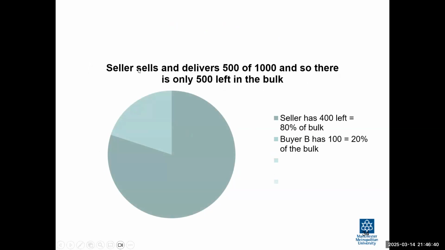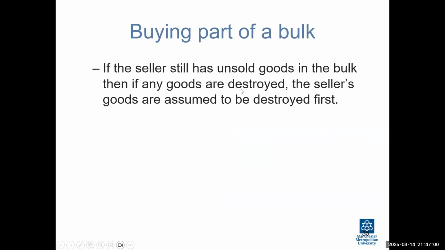So in this case, the seller sells and delivers 500 of the 1,000, so there are only 500 left. What that means is that the seller has 80% of the bulk, which is 400, and the buyer B has 100, which is 20% of the bulk.